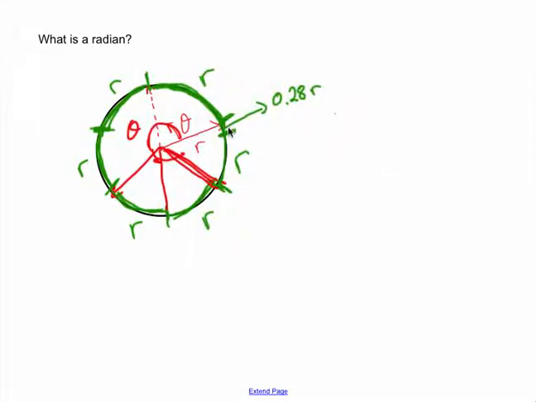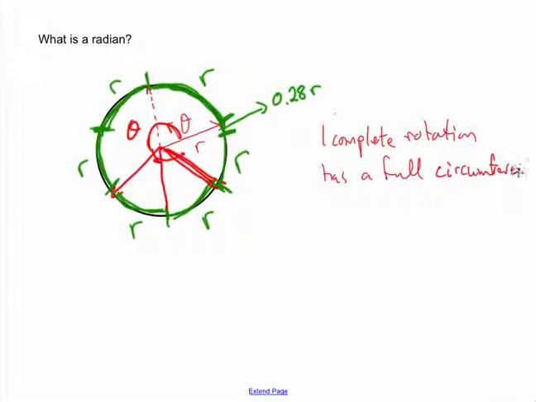Now, why do I know that there's this little chunk left over? Well, 1 complete rotation, so all the way around, has a full circumference worth of arc length. Now, we know that the circumference of a circle is 2 pi times the radius.